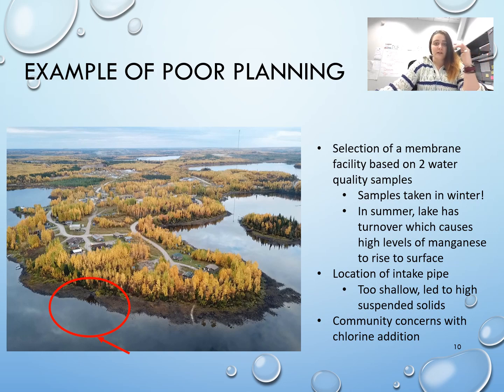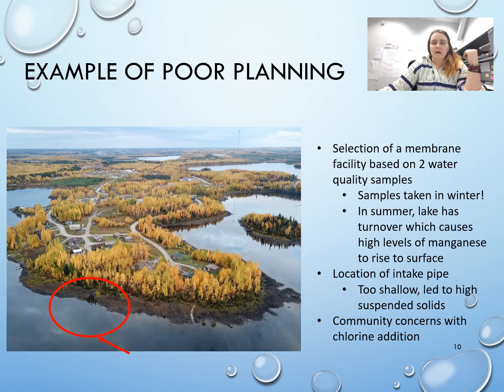And then this community in particular is what's called a First Nations community in Canada, and that means it's a native community, it's tribal lands, and they prefer not to have chlorine in their system, so they wanted a different type of disinfection.